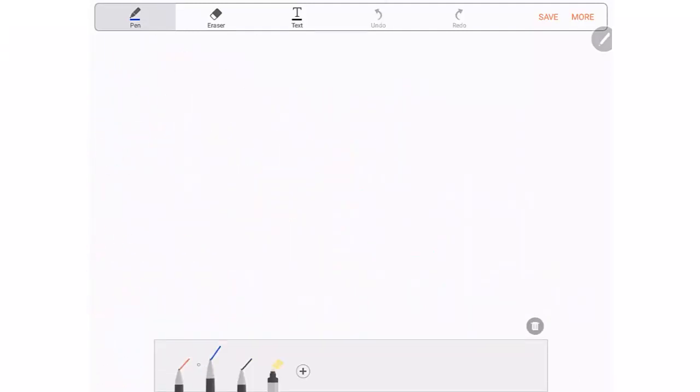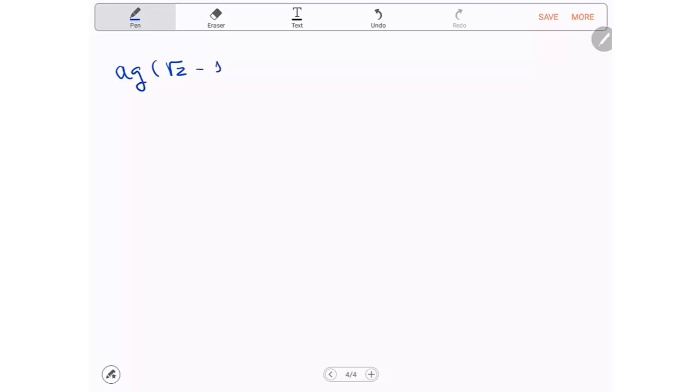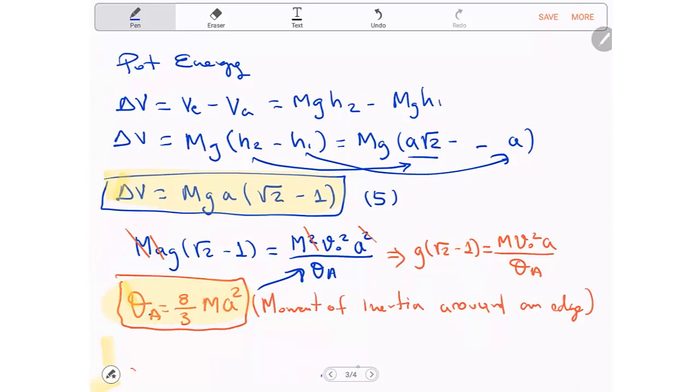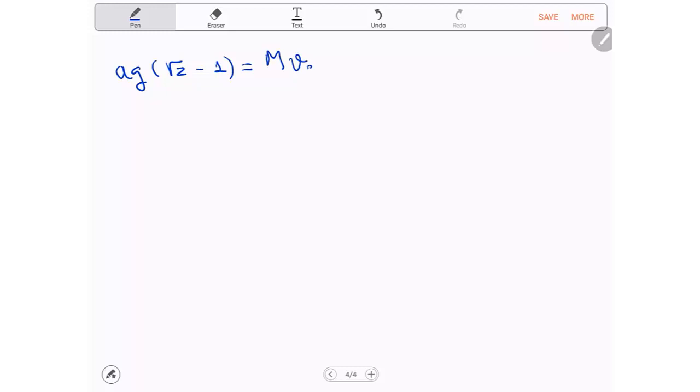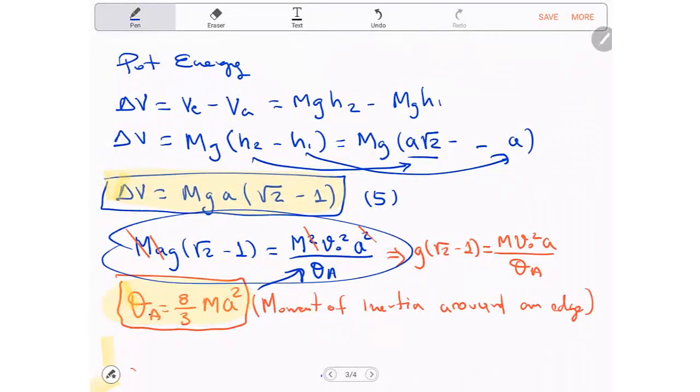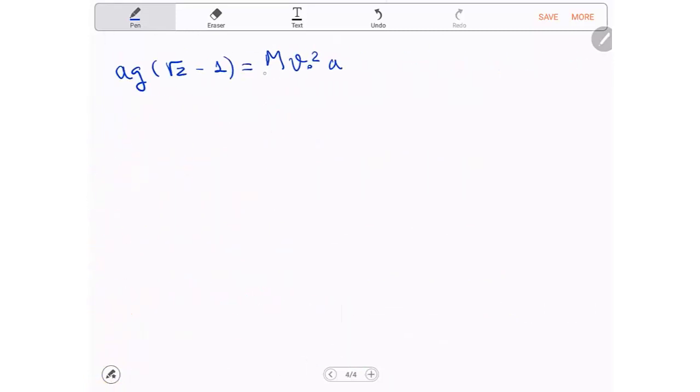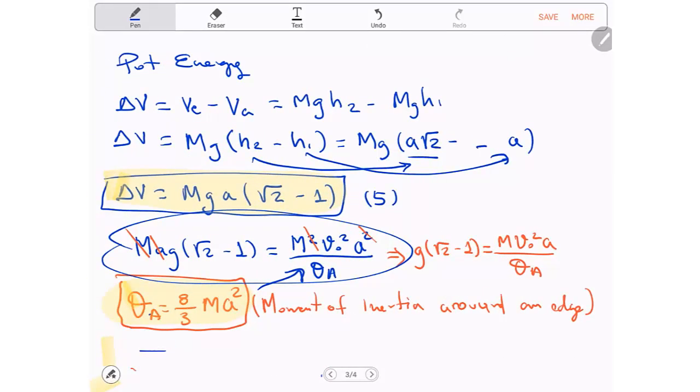When we do that, we just get a g times root 2 minus 1 is equal to m v0 squared a divided by 2 theta a.